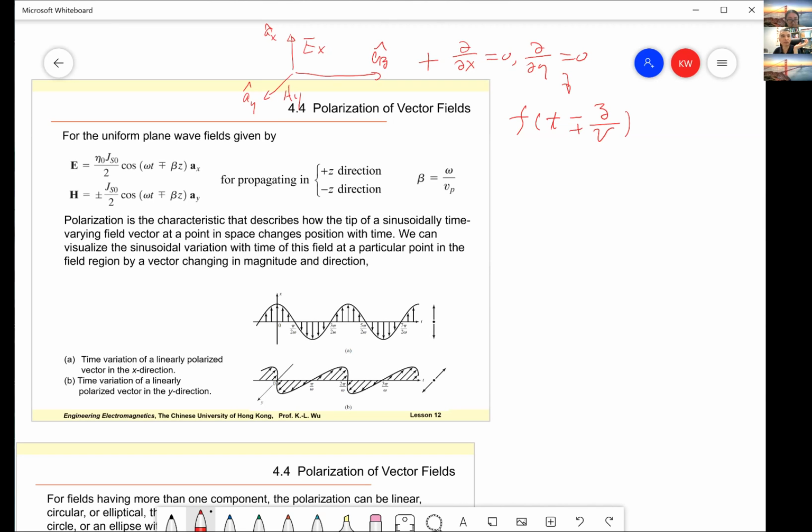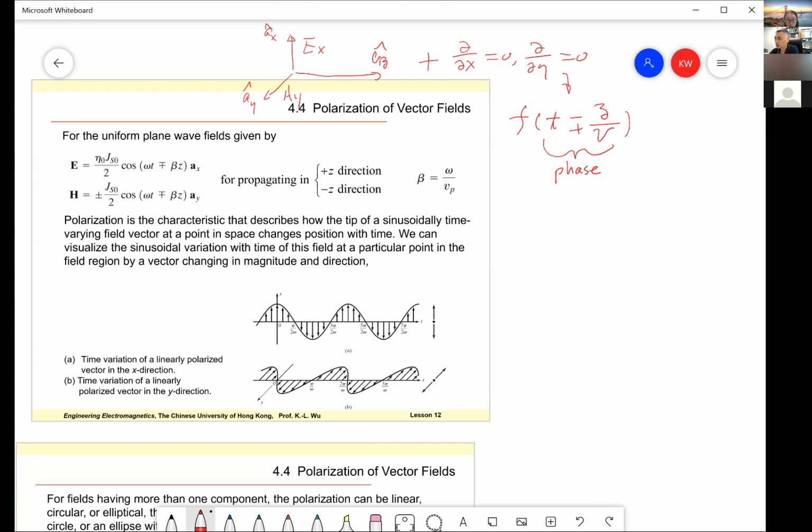We know this is a kind of wave phenomenon, because this is called the phase, the phase of a function. To keep the same function value f, we have to keep the phase constant, right?